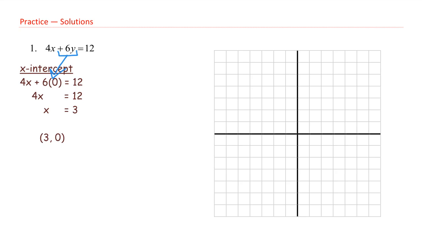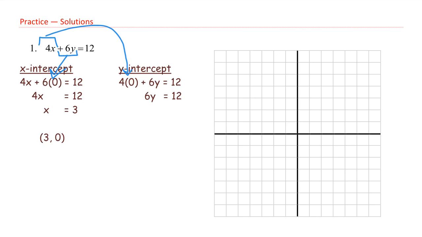Now that we've determined the x-intercept, it's time to find the y-intercept algebraically. In order to determine the y-intercept, we take the original equation and replace x with 0. So instead of 4x plus 6y equals 12, we have 4 times 0 plus 6y equals 12. 4 times 0 just gives us 0, and 0 plus 6y is just 6y.